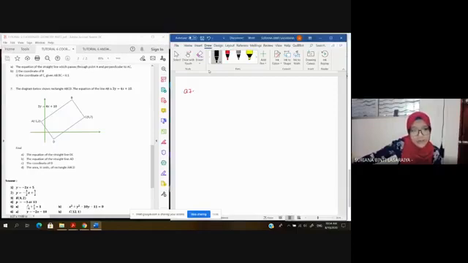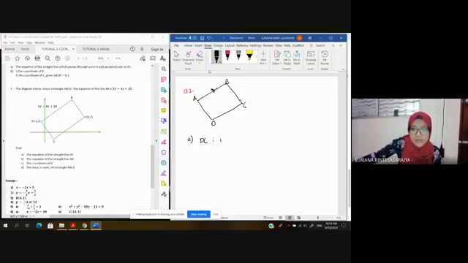A, can? If it is a rectangle, okay, rectangle like this, it means the gradient of AB will be equal to the gradient of DC. So part 1 asks us to find the equation of DC.